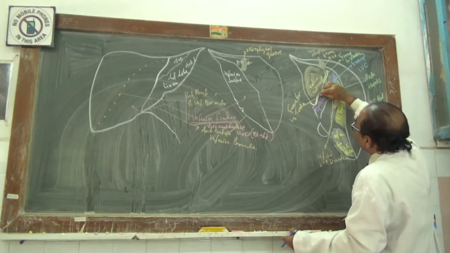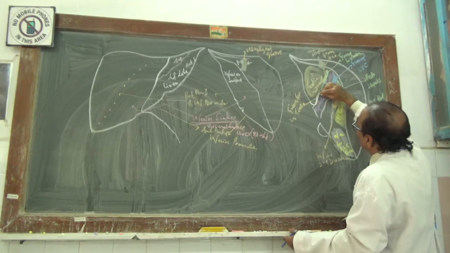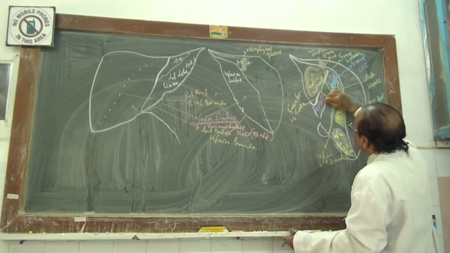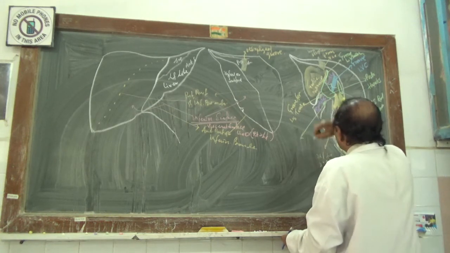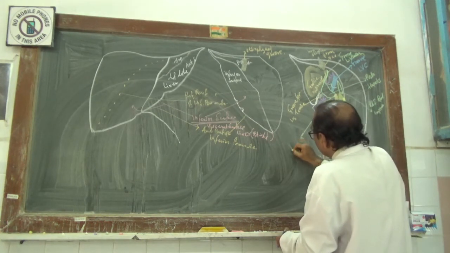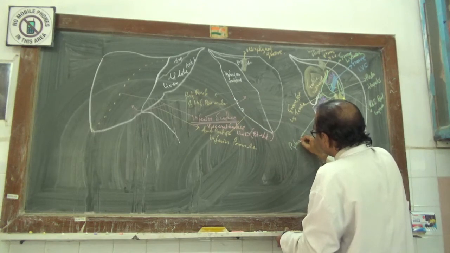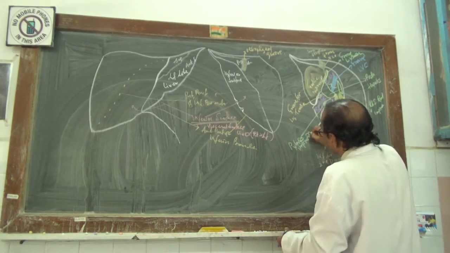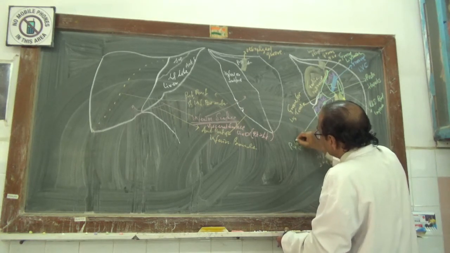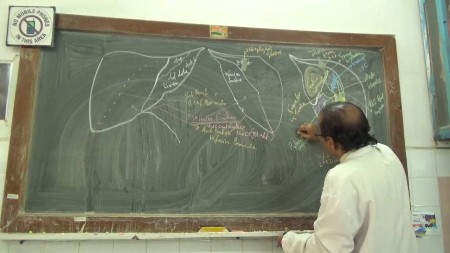Now from the gastric impression on the caudate lobe inferior surface, there will be this impression. It is the pyloric impression, that is the pyloric part of the stomach.